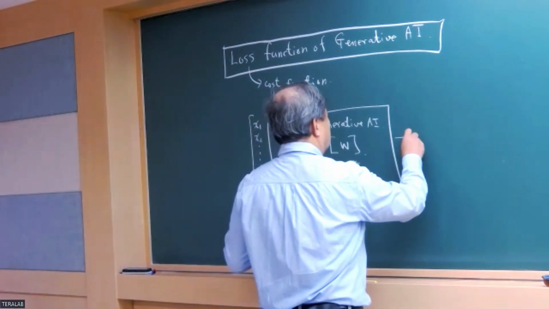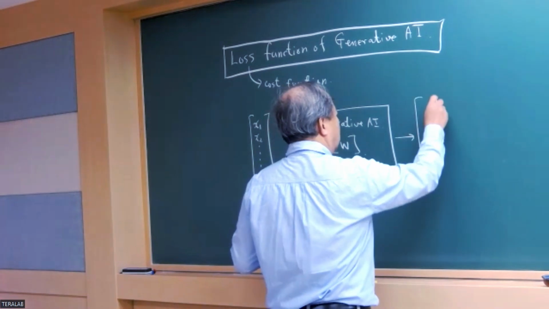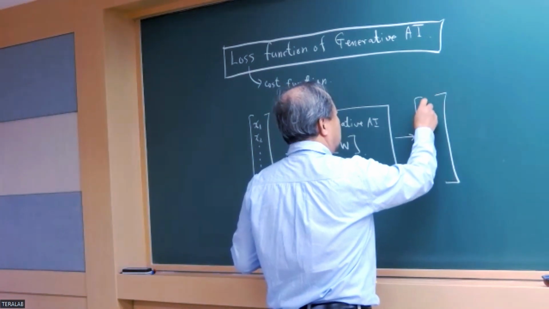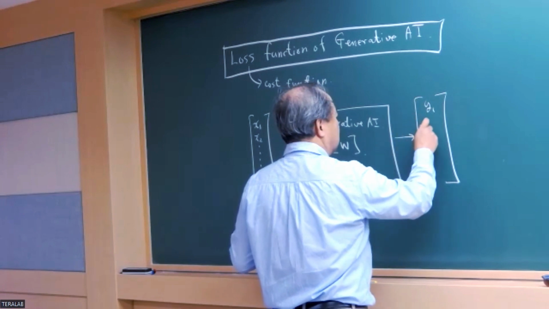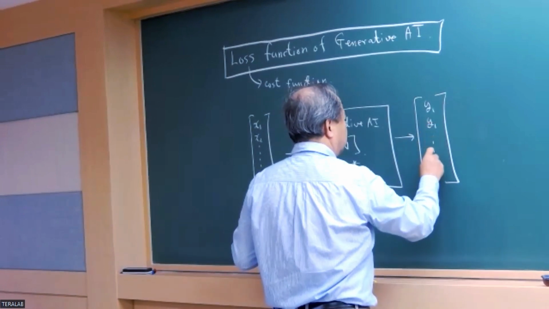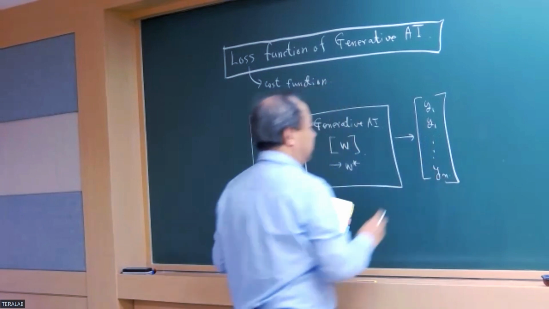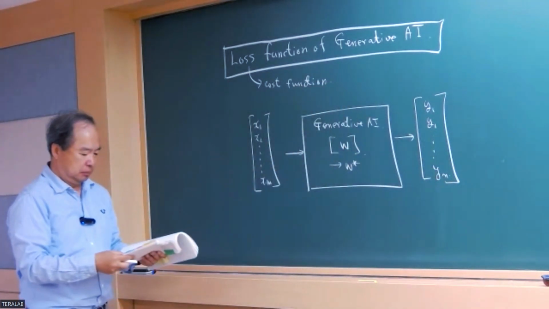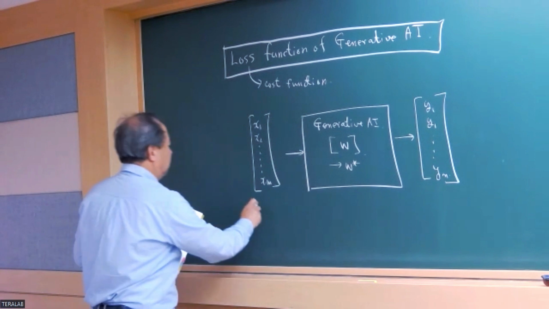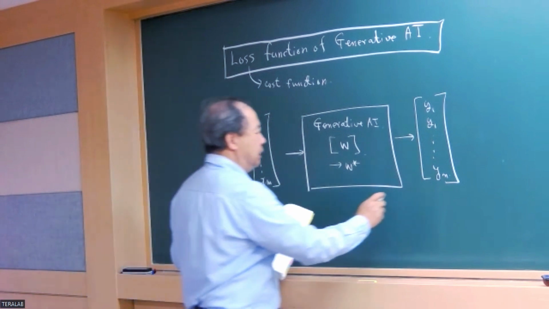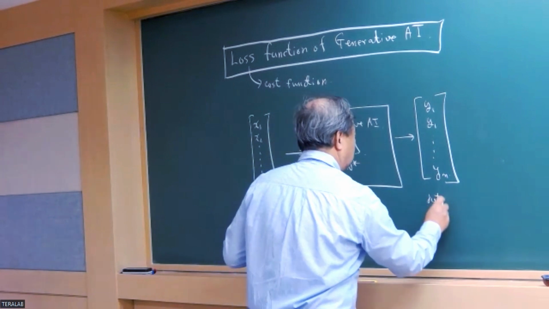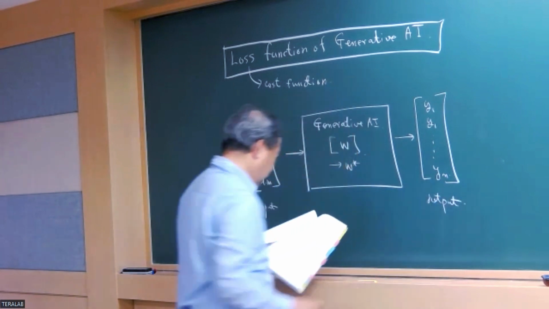And then the output of this generative AI can be expressed by a Y vector, Y1, Y2, and Yn. This is input to the generative AI. This is output of generative AI.